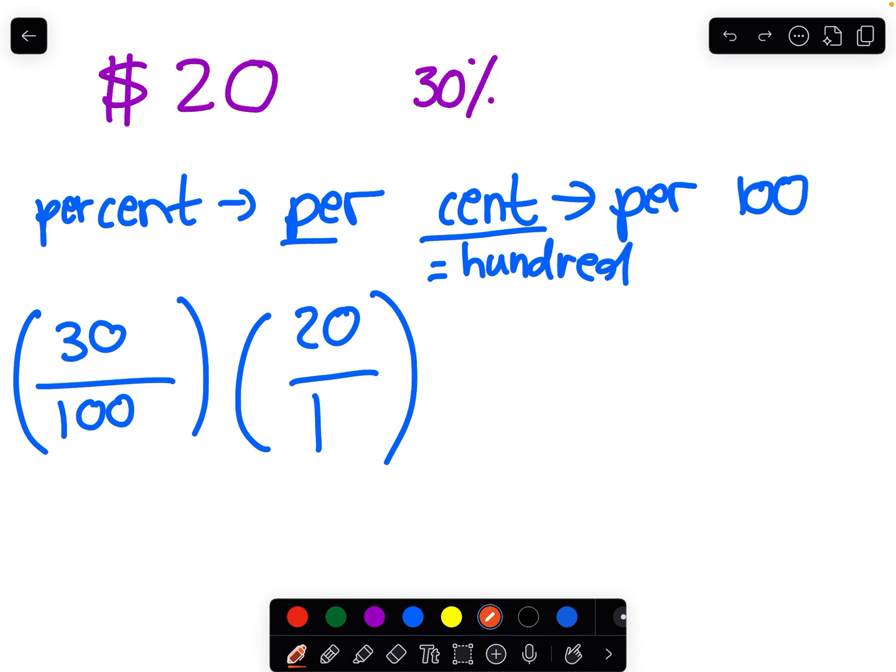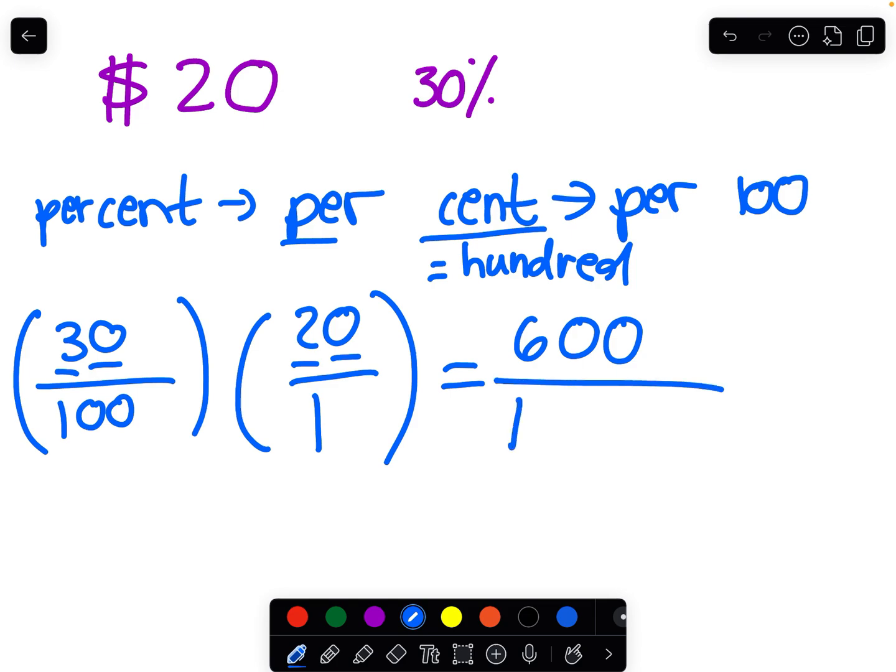So now let's solve the problem. 30 hundredths multiplied by 20 over 1. There are a few different ways to do this, but if you just do straight multiplication across, 30 times 20 is 600. Remember, you multiply 3 times 2, and then tack on the number of zeros. Then 100 times 1 is 100.